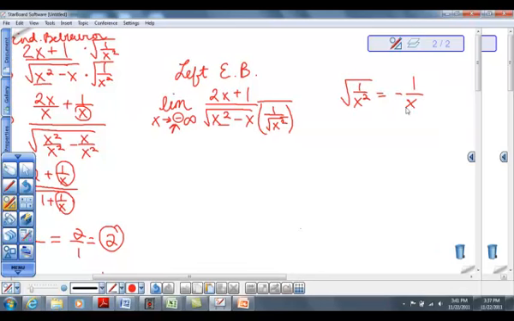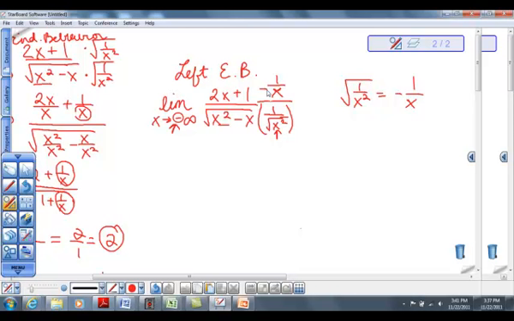Okay. So therefore, I'm going to keep that on the bottom. It's going to be a little bit strange, but on the top I am going to multiply by negative 1 over x.